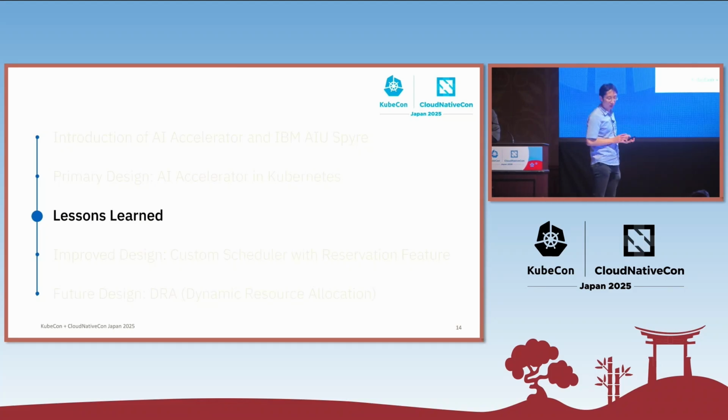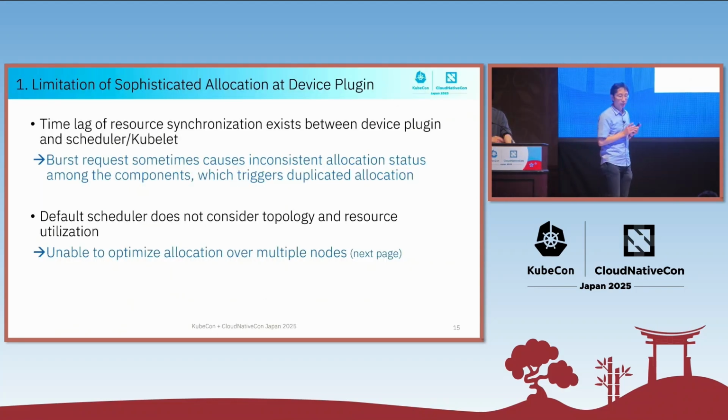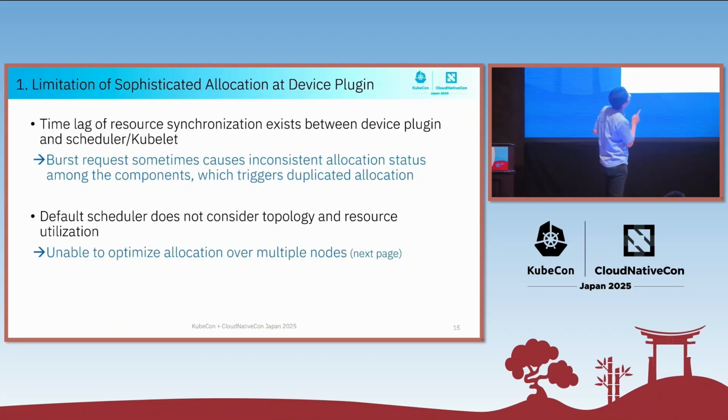Okay, that's the primary design, and here let me share the lessons learned found in the primary design and its implementation. The first one is a limitation of the sophisticated allocation at device plugin. As I mentioned in the previous slide, we introduced a multi-resource name solution with explicit remaining device number synchronization.